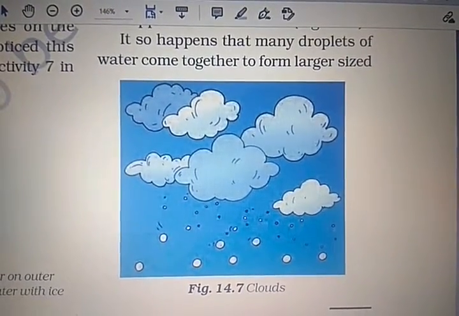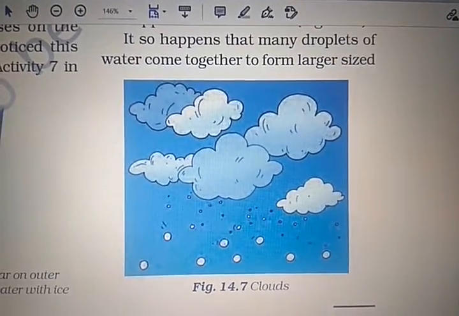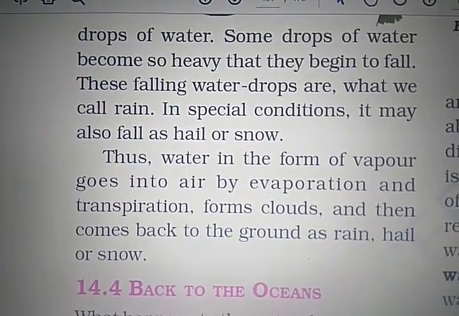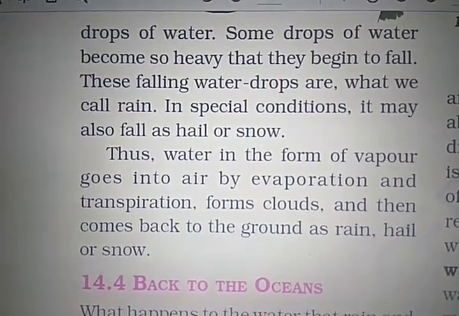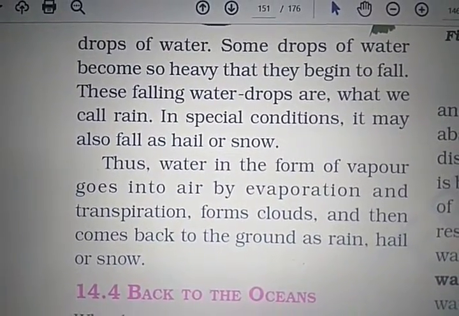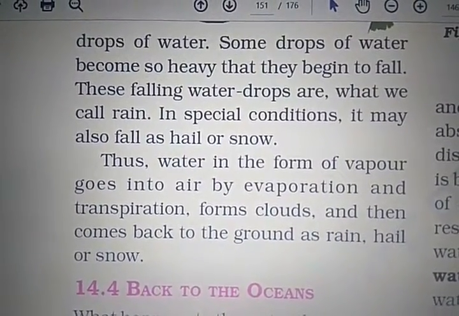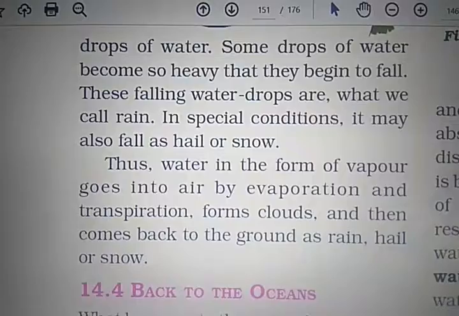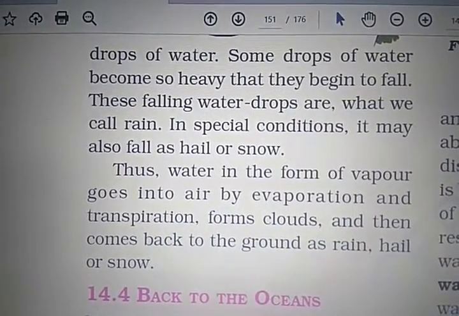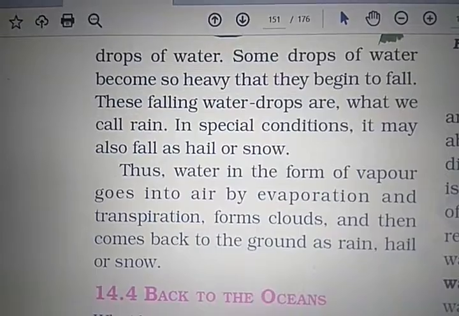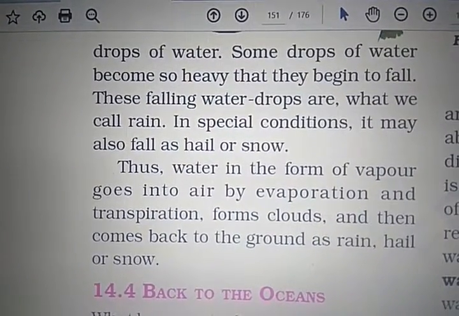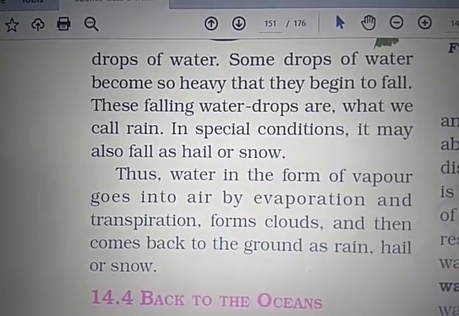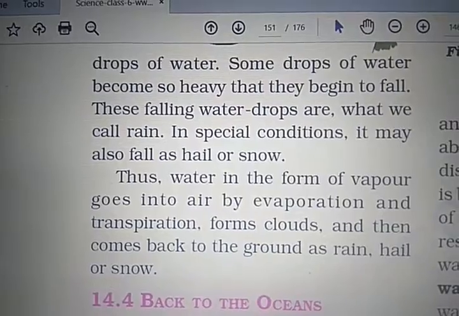So it happens that many droplets of water come together to form larger drops of water. Some drops of water become so heavy that they begin to fall, and these falling water drops are what we call rain. In special conditions, it may also fall in the form of hail or snow. So thus, water in the form of vapor goes into the air by evaporation and transpiration, forms the cloud, and then comes back to the ground as rain, hail or snow, right?